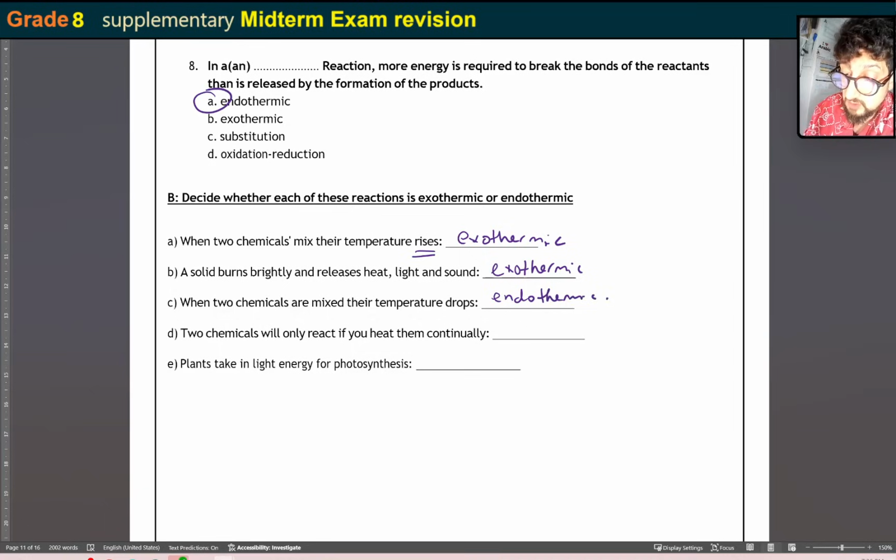Two chemicals will only react if you heat them continually. That is endothermic, because they're taking in heat. Plants take in light energy, and that is also endothermic. Photosynthesis is an endothermic reaction.